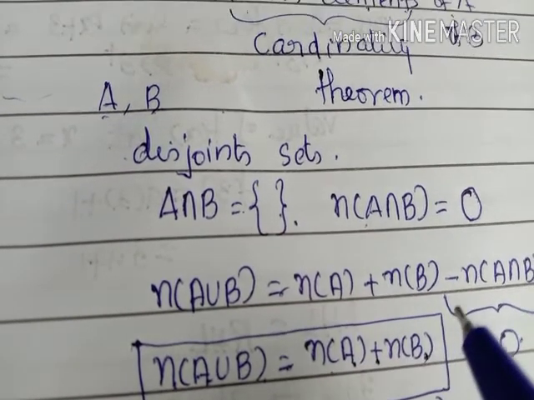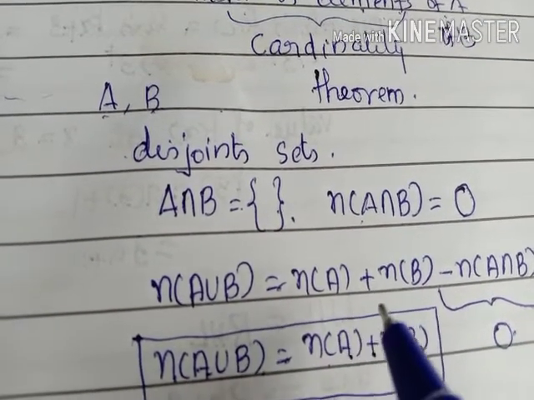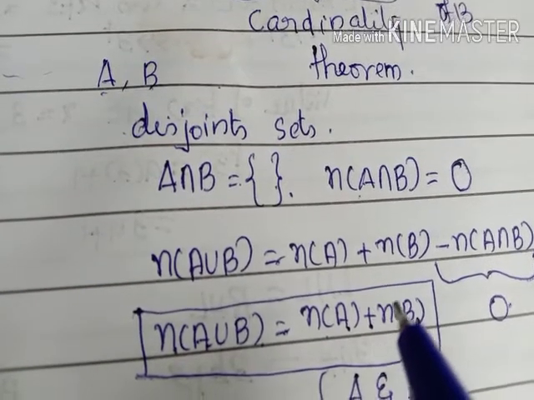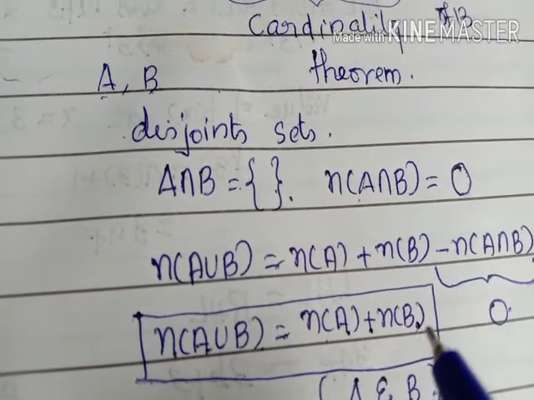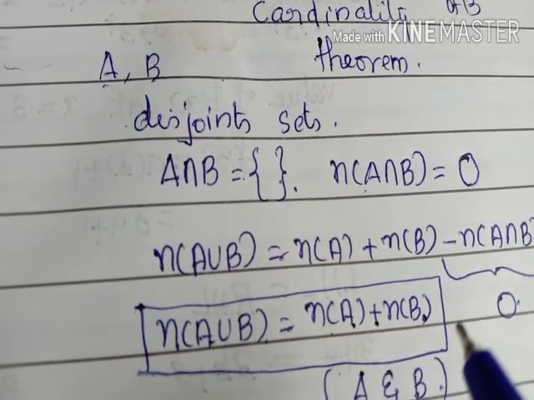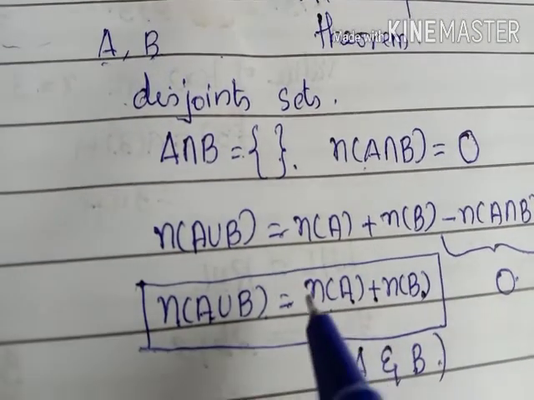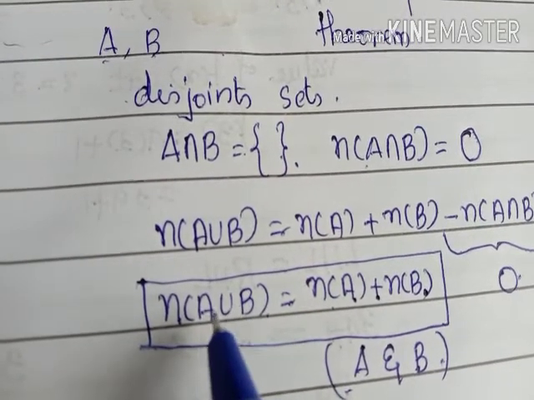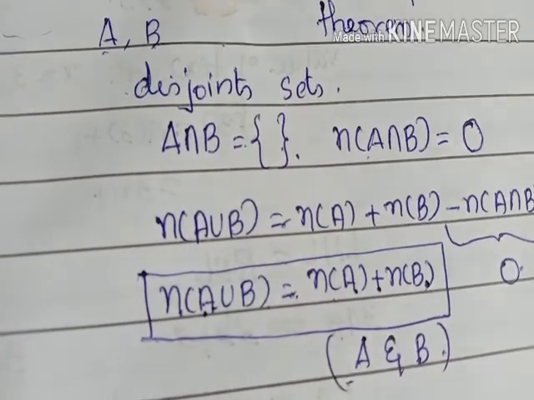Our last exercise is based on this cardinality theorem, and those problems are known as practical problems, based on real life situations. We can see how to solve these problems with the help of this cardinality theorem.